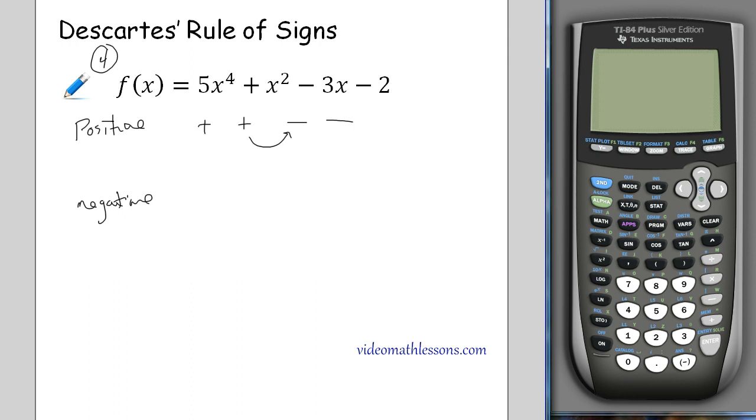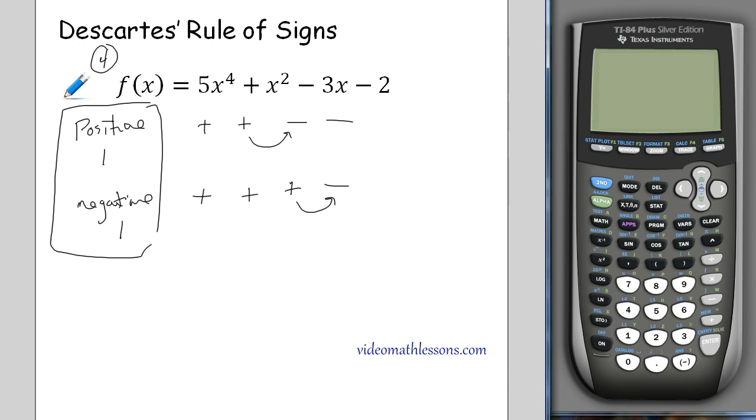I got one change, therefore it's 1. Substitute. Negative to the 4th would be a positive number. Negative squared is positive. Negative times negative, positive. Constant will stay. One and one. And you could graph this if you really wish, but it doesn't matter.